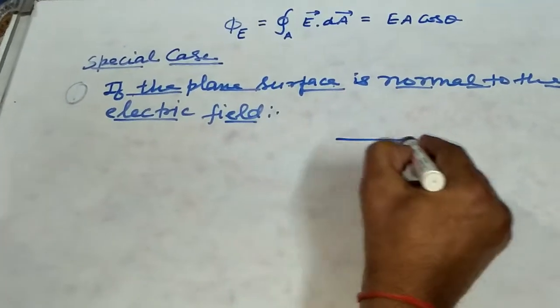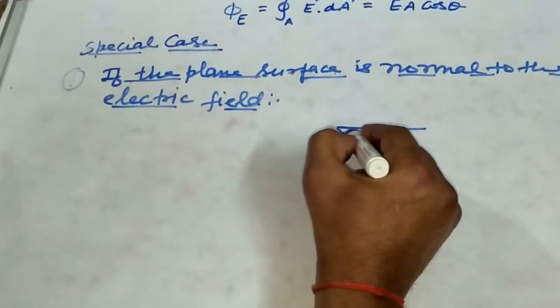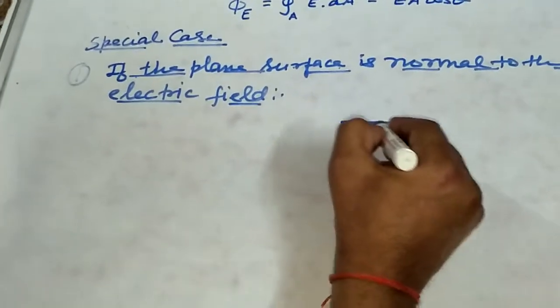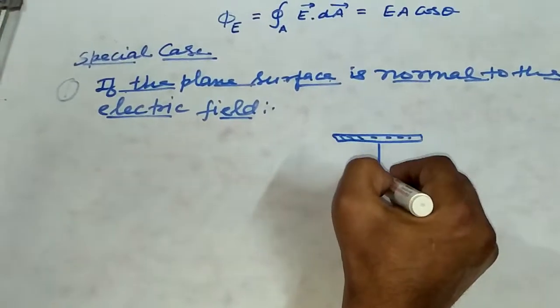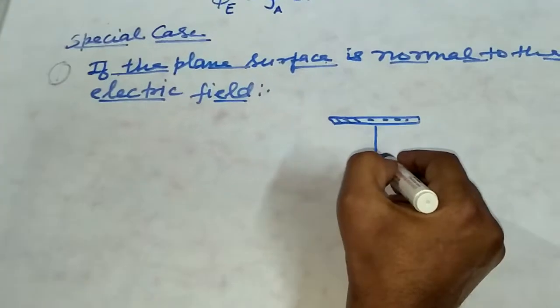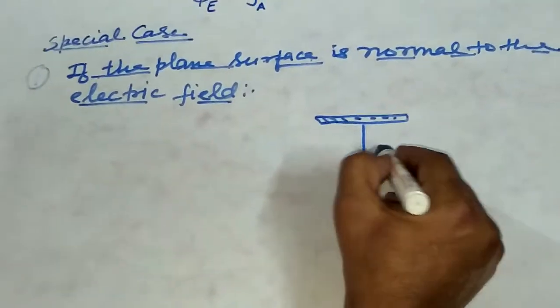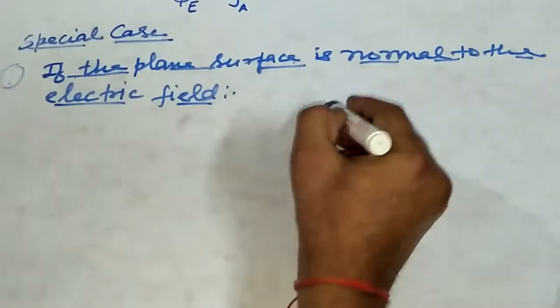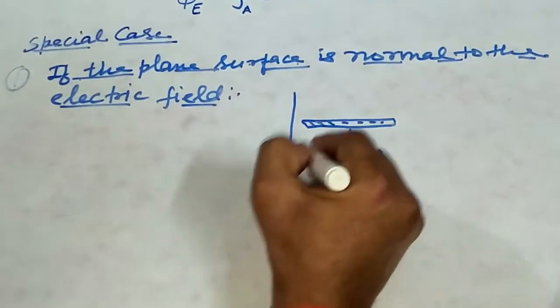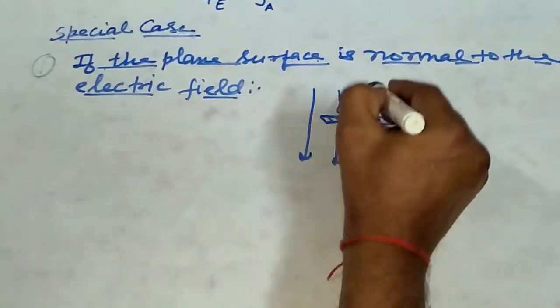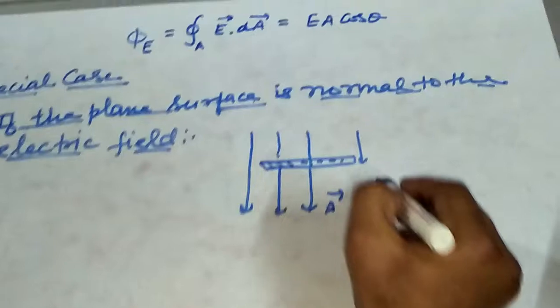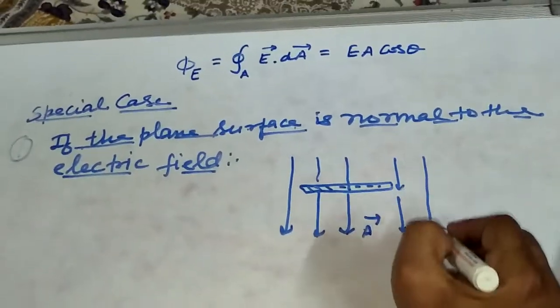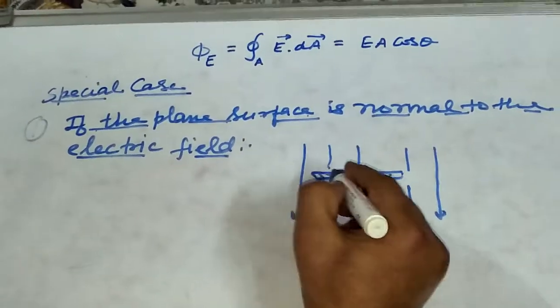Suppose this one is simply an umbrella, and this is the direction of its area vector, and this one is the electric field, which is just like the raindrops.